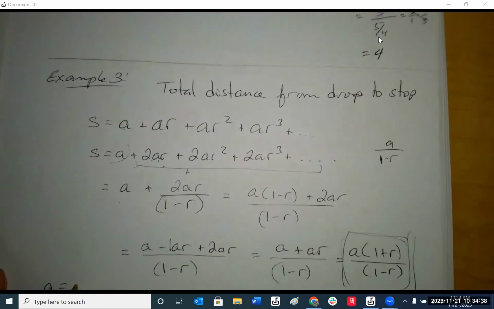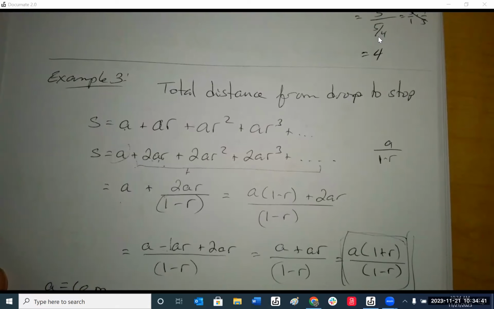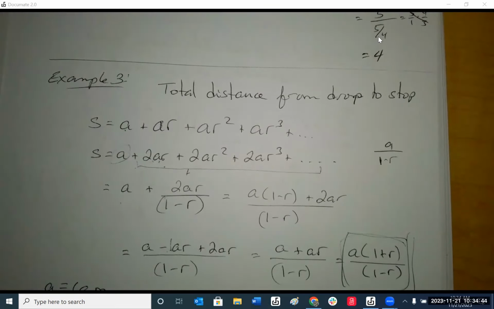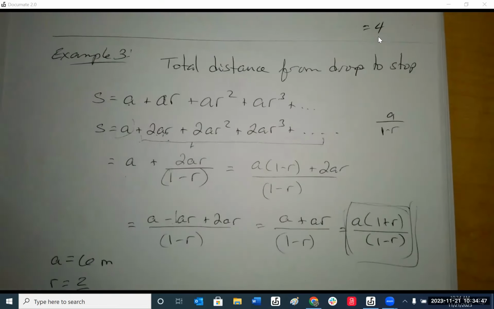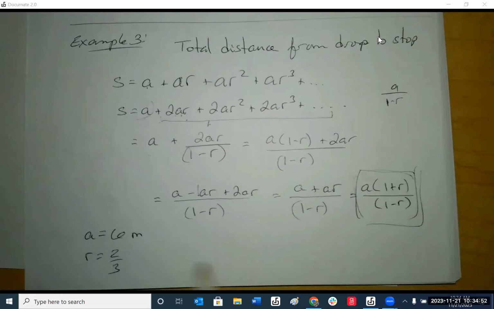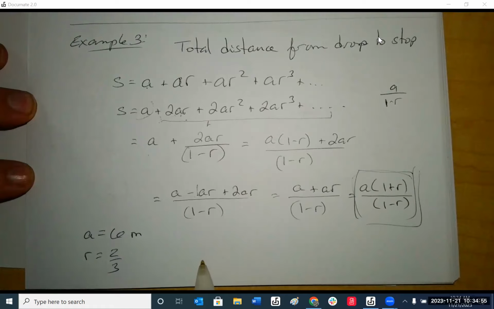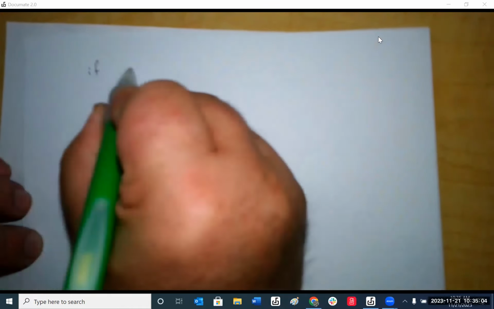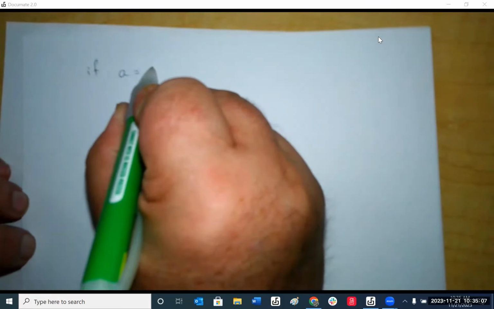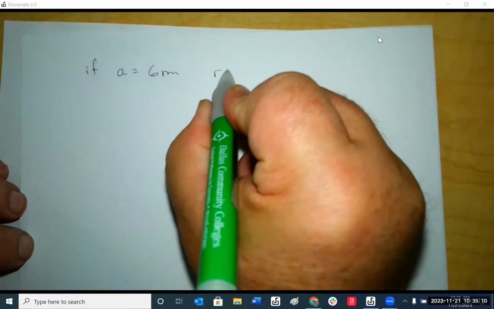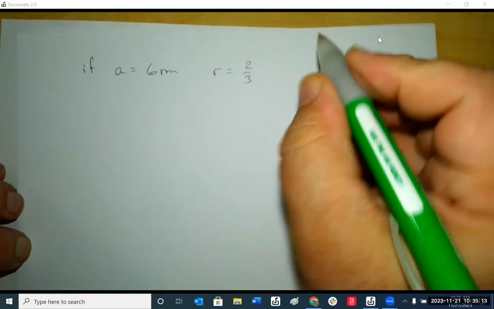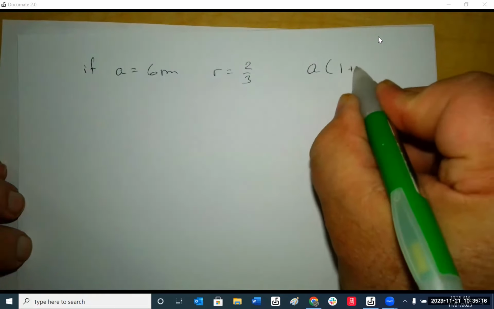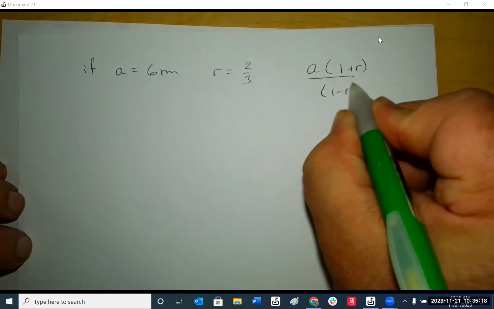So let's say A is 6 meters, and our bounce each time is 2/3. So if our initial drop is from 6 meters and our common ratio is 2/3, what is this formula?